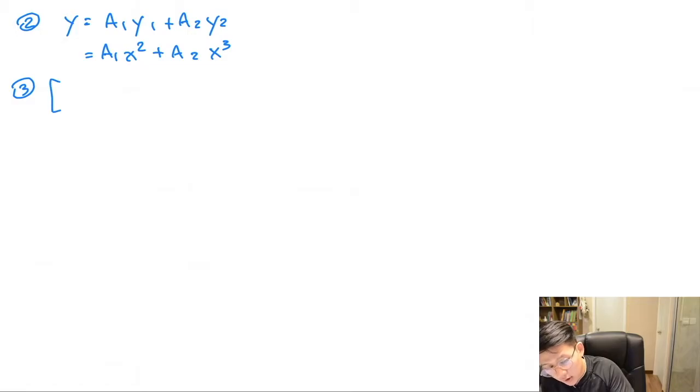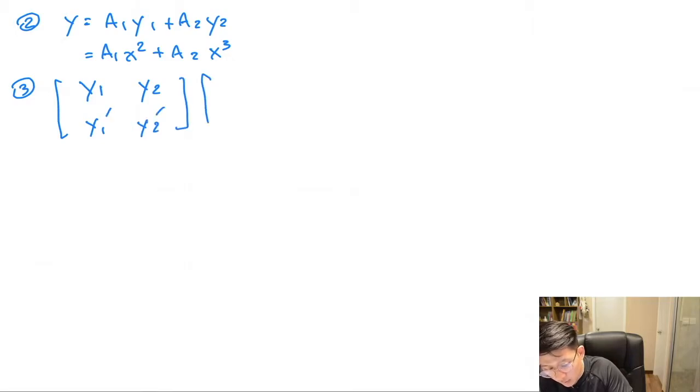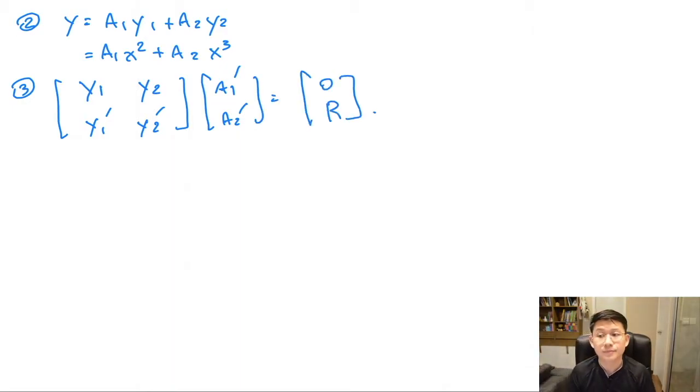Which is you have y1, which is x squared. Okay, let me write it down. You have y1, y2, y1 prime, y2 prime, a1 prime, a2 prime, and then you have 0 and r, if you remember.